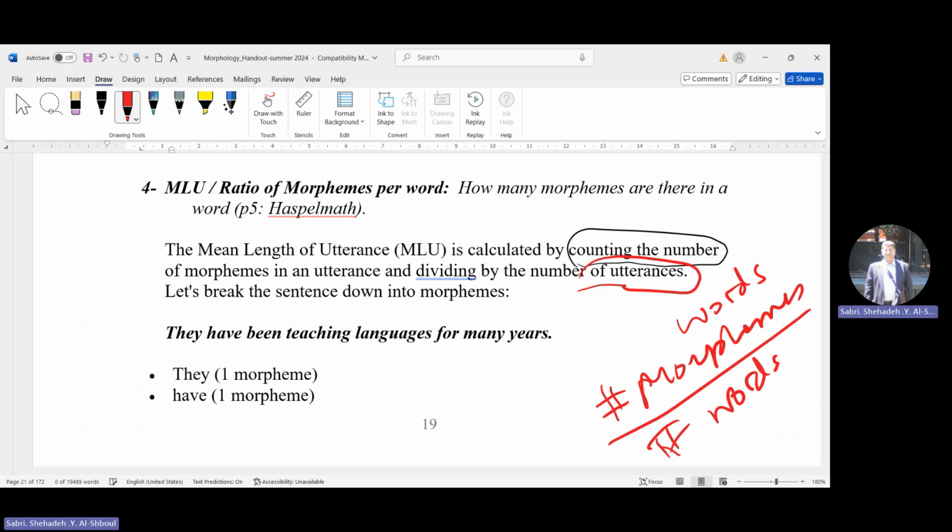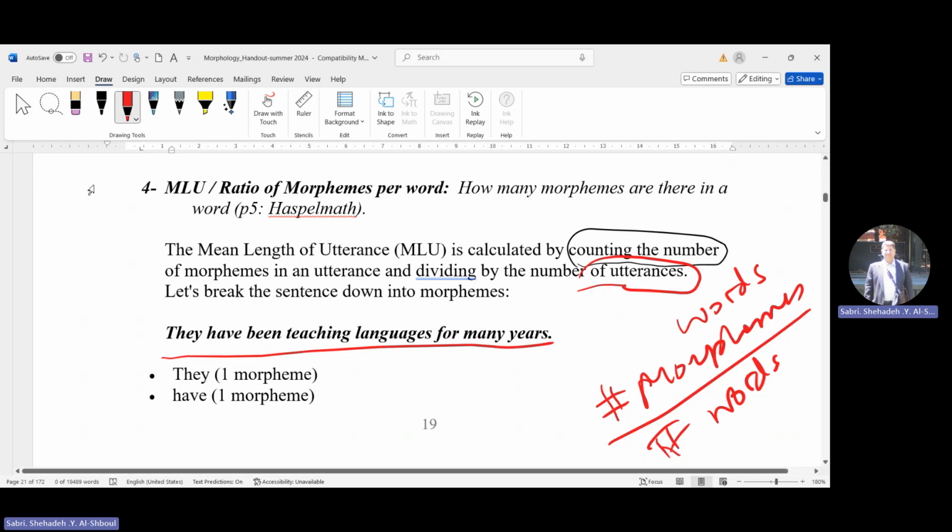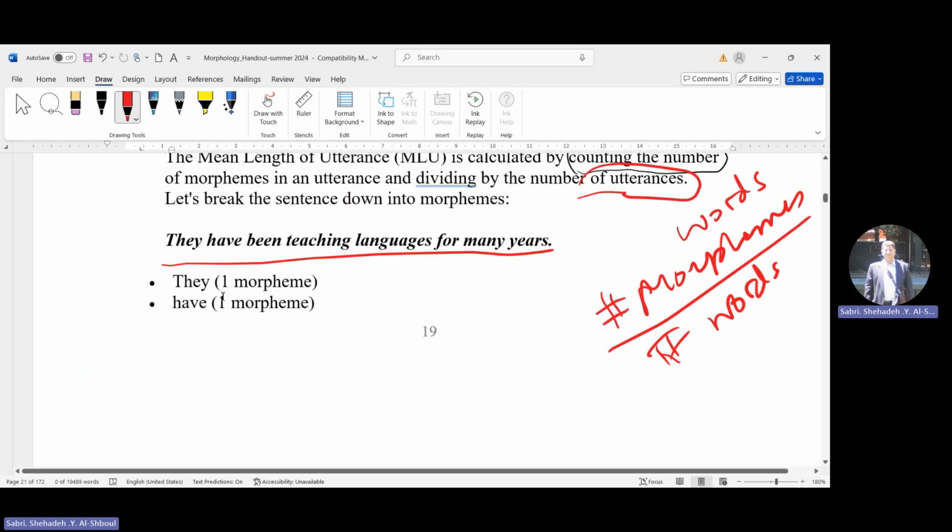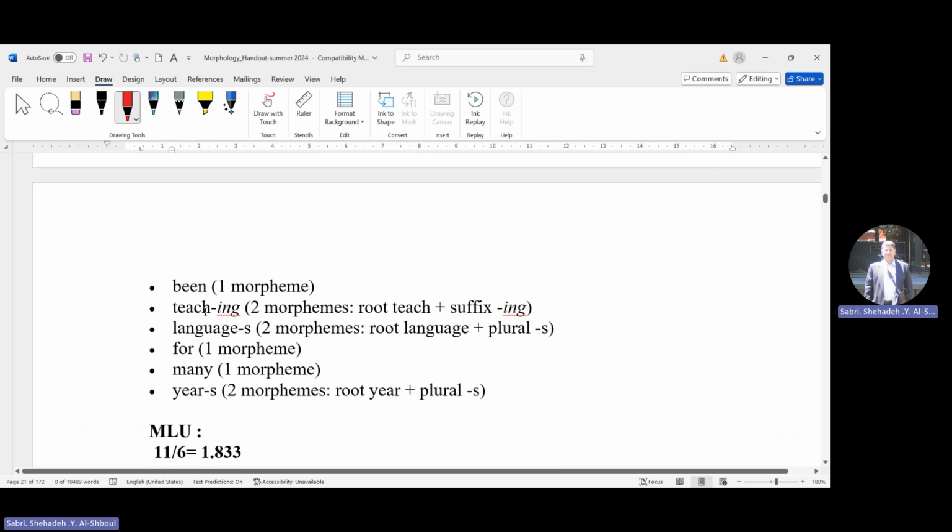Okay, so let's take this example. They have been teaching languages for many years. If we look into this example, we find that they is one morpheme, have is one morpheme, been is one morpheme, teaching is two morphemes.